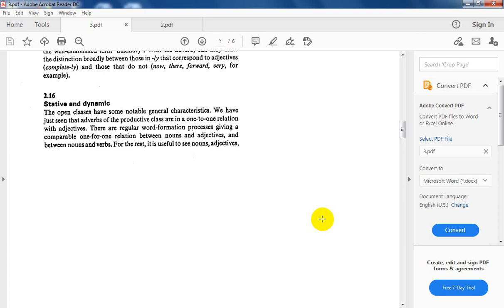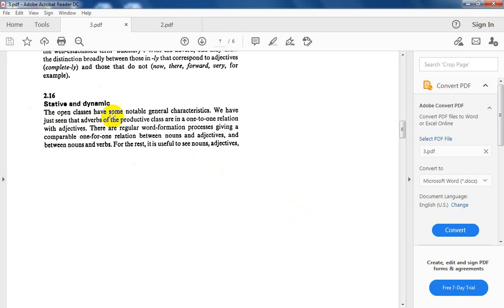Verbs and adverbs are what? Dynamic. Nouns and adjectives are what? Are stative. Clear? Let us agree on this for now. Simply speaking, up to this point, nouns and adjectives are stative. Verbs and adverbs are dynamic. Let us see what this means.